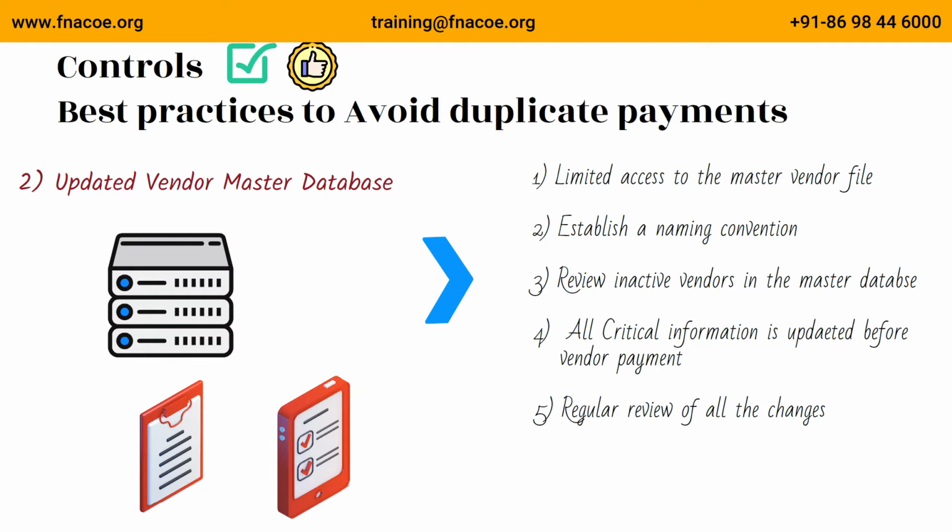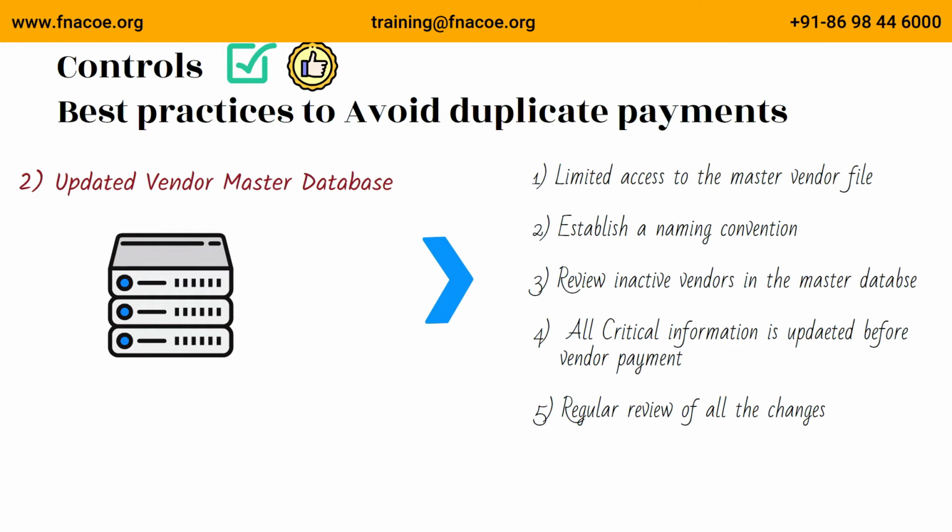Most important is to have a regular review of all the changes which are made in the file. When I say file, it's the master database file. The reason for regular review of changes made to the database is that this is the most vulnerable area, as employees have been known to go into the master vendor file to change the mailing address or divert a legitimate payment from the vendor to an unintended party, usually themselves.